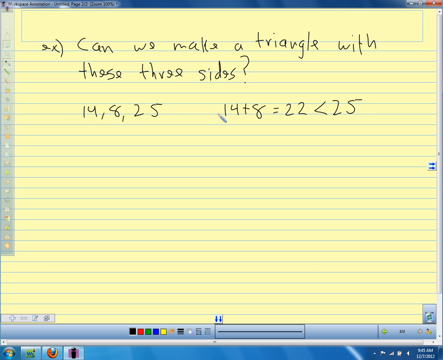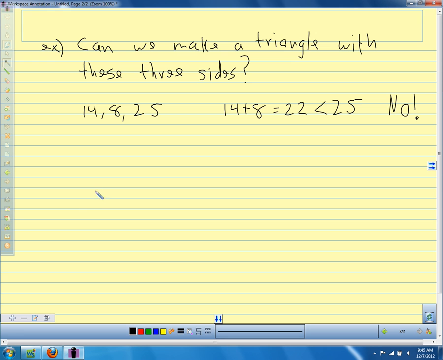So those two sides aren't long enough to connect up and make a triangle with the third side. So my answer would be no. We can't make a triangle out of those sides. If we add up any pair and it's smaller than the third side, no matter which one, then we can't make a triangle.